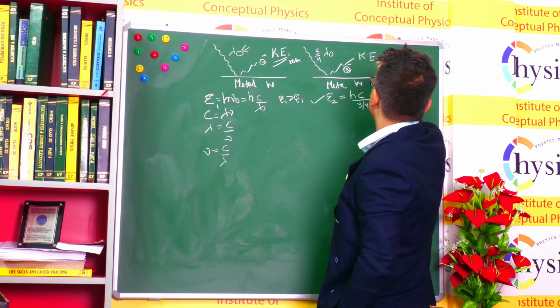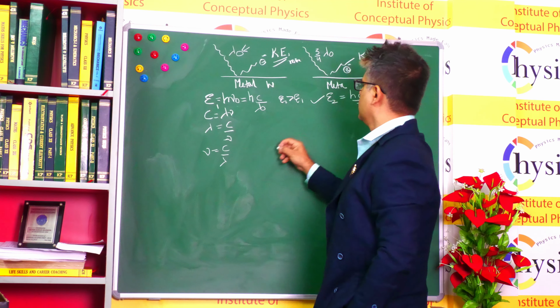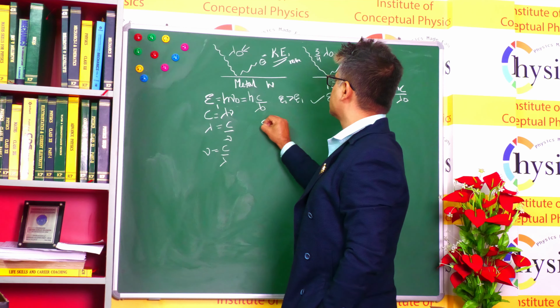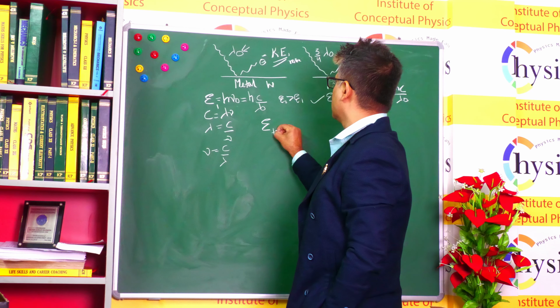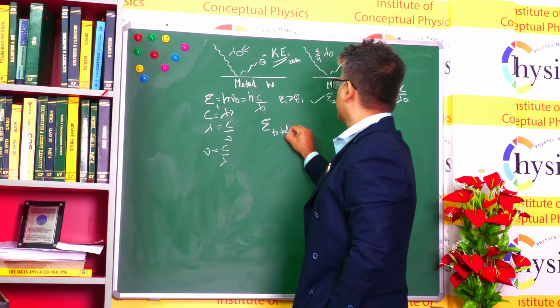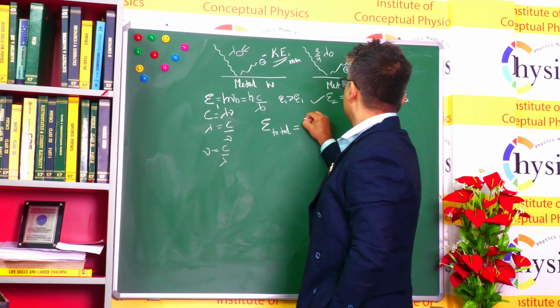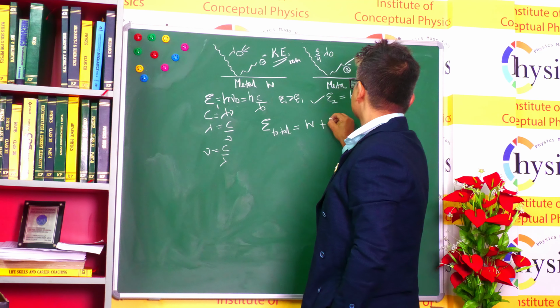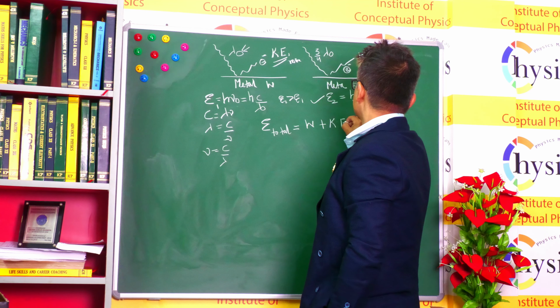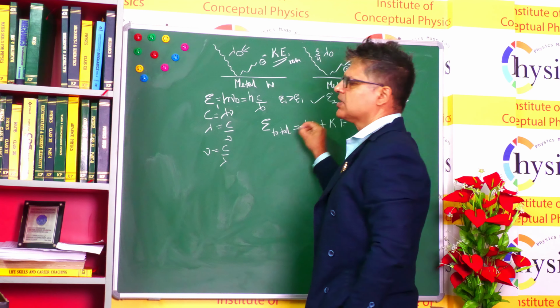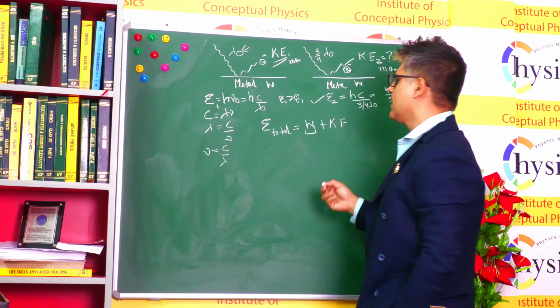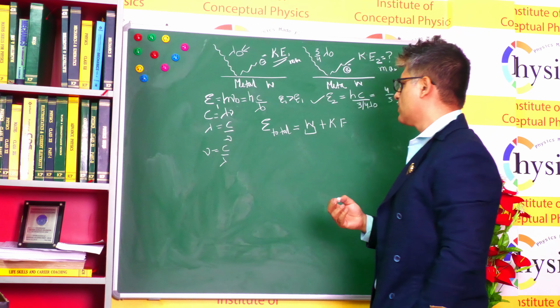So this is also KE2 maximum. Now the total energy available from the photon gets converted into the work function plus the kinetic energy. Many people write the work function as phi or whatever you want to write.